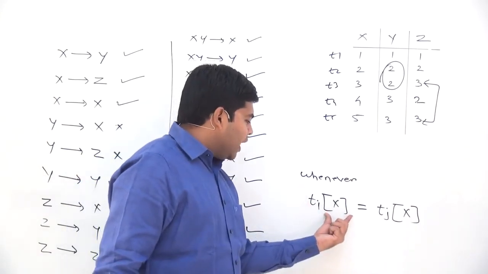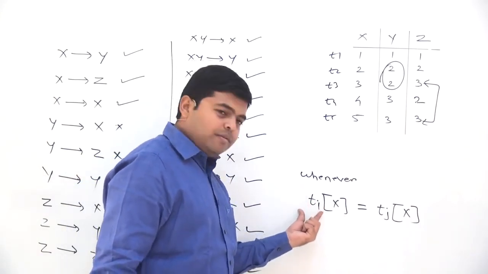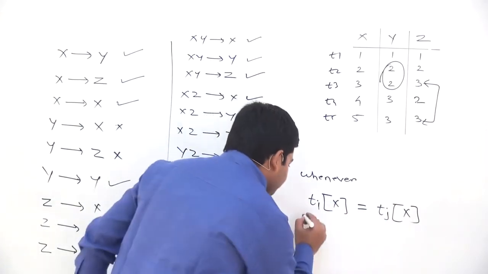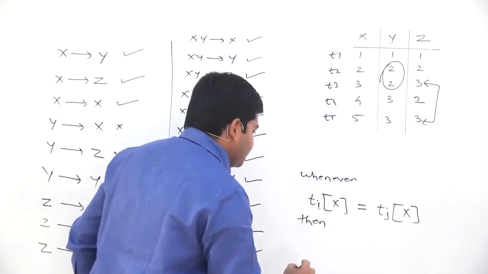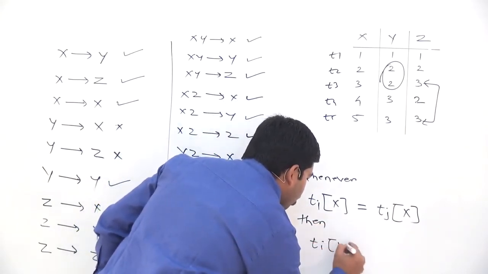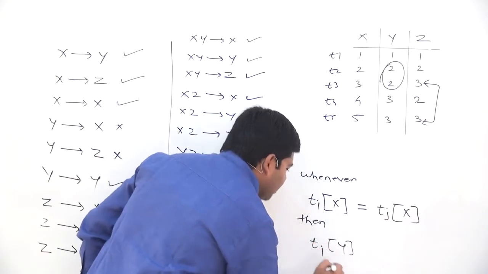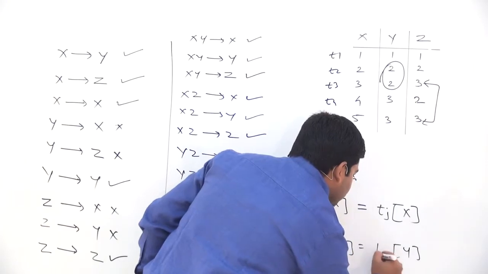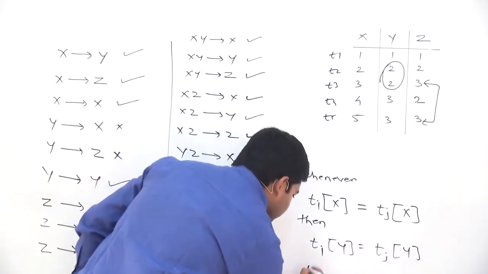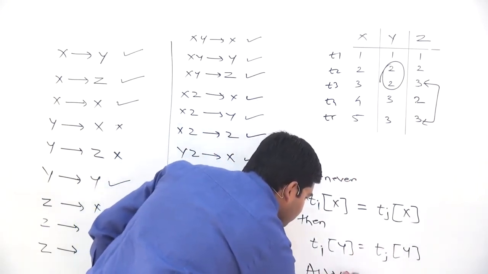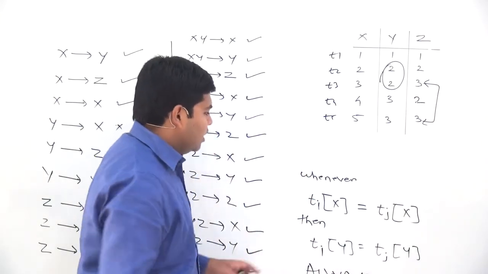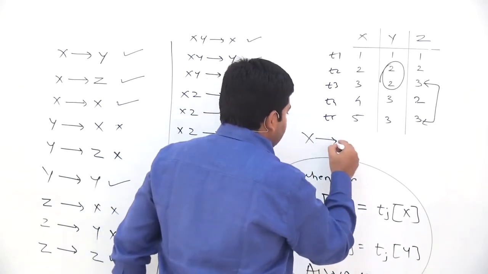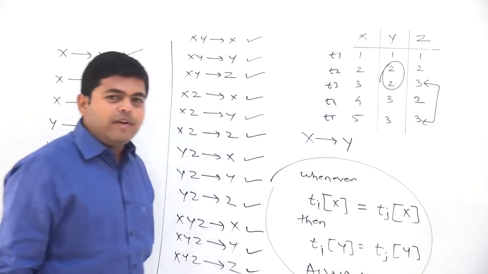The value of X attributes in tuple Ti is equal to the value of X attributes in the tuple Tj, then the value of Y attributes in tuple Ti is equal to the value of Y attributes in tuple Tj always. Okay, now in this case, if this is always true, then we can say that X determines the value of Y.